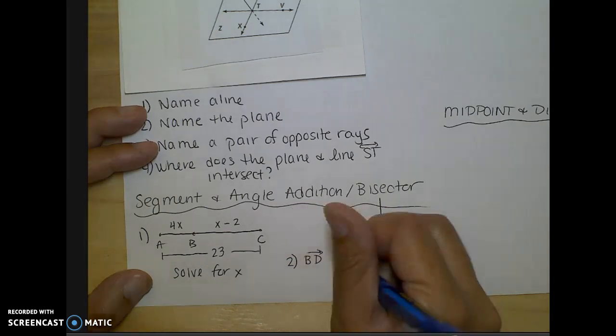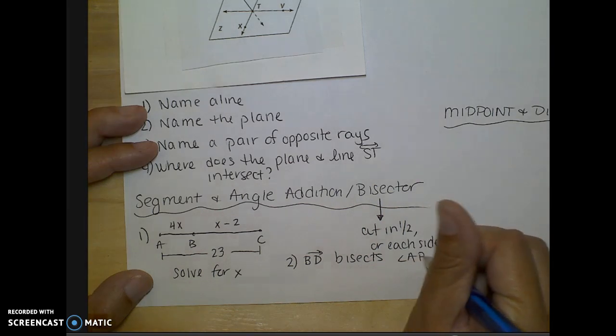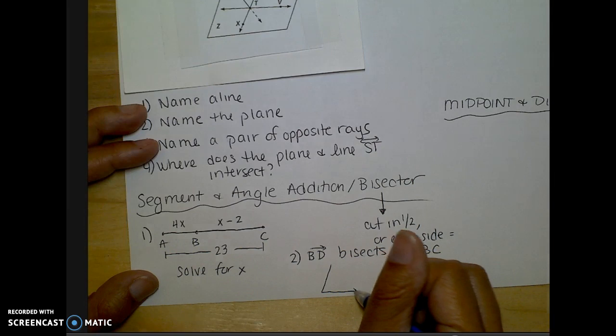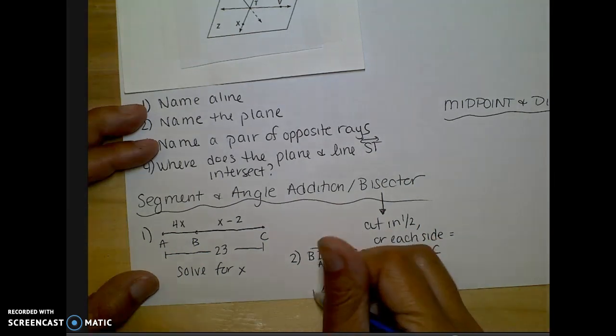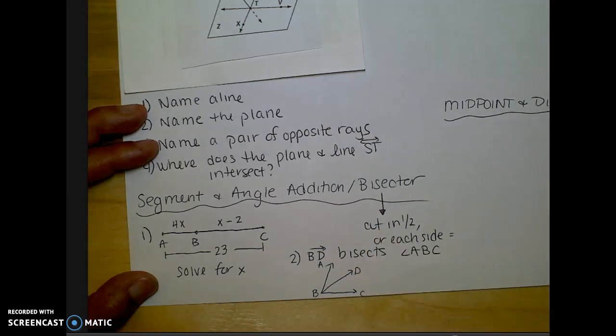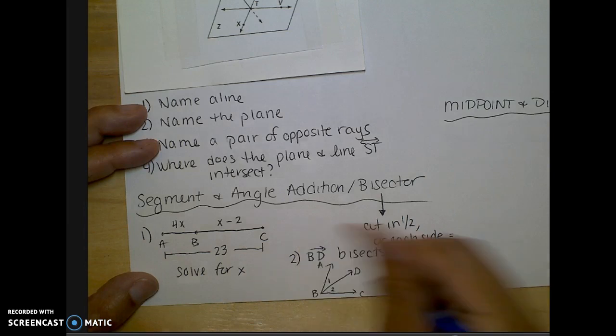Or another one might be BD bisects angle ABC. So if you get a picture of that ABC with BD bisecting, maybe I'm going to call this side angle 1 and that side angle 2.